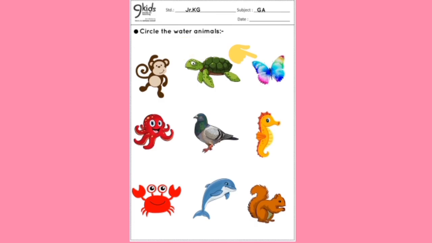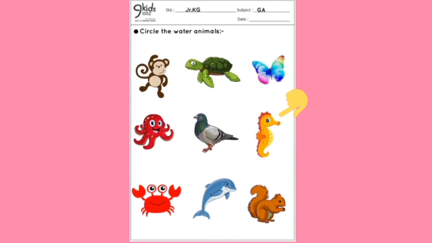It is not a water animal, so we will not circle it. Next is octopus. It is a water animal, so we will circle it. Then it is a pigeon. It is not a water animal, so we will not circle it.